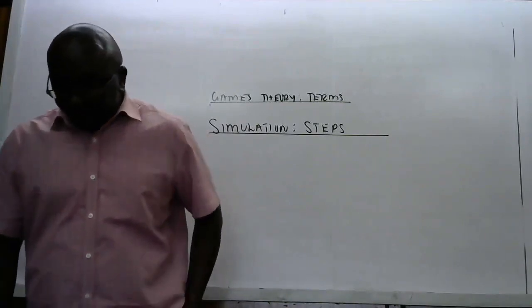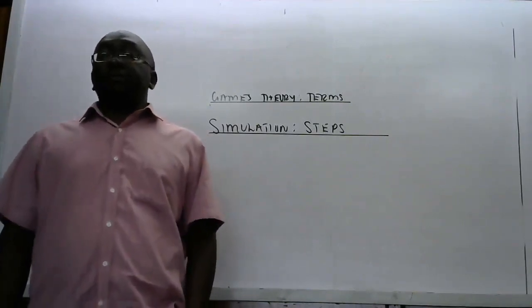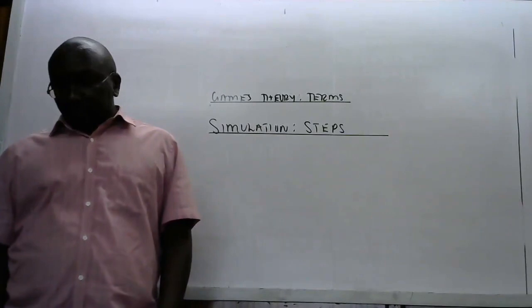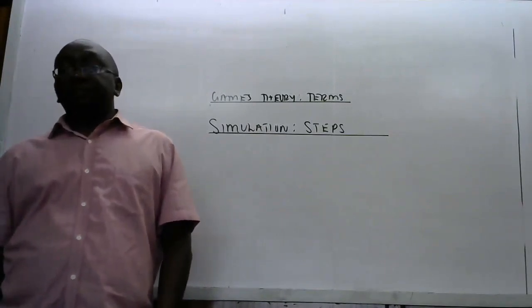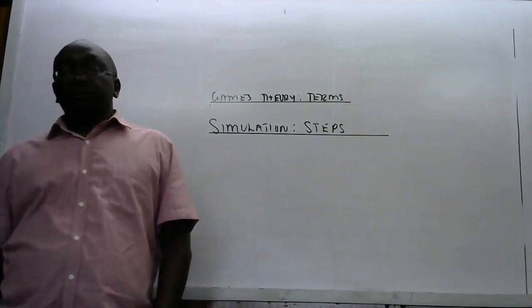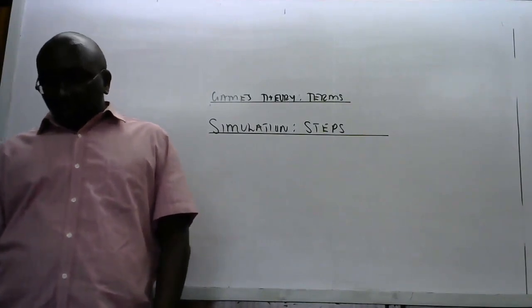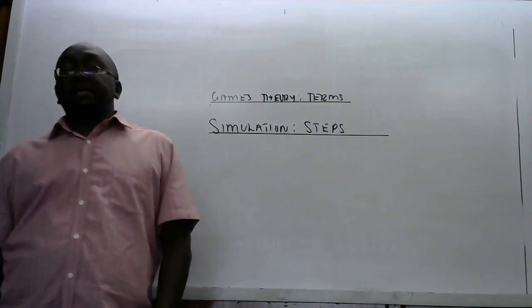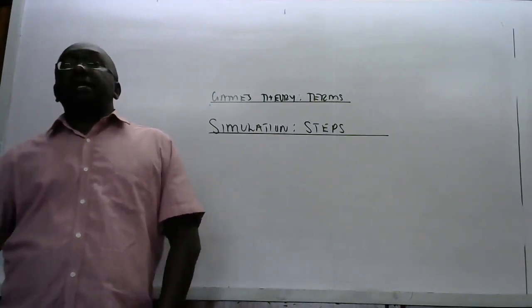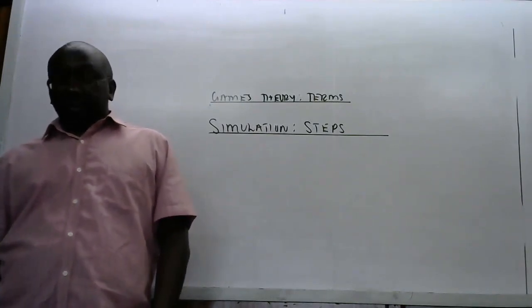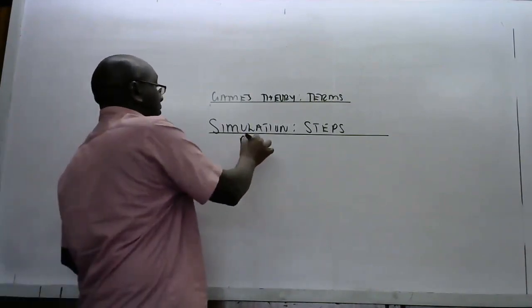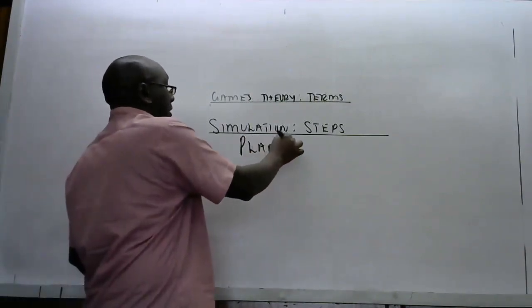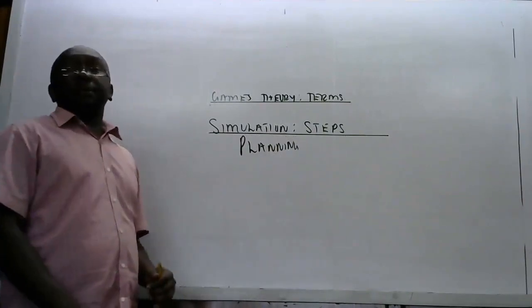So number one is called problem definition as the first step. Number two is called project planning. That's the second step.